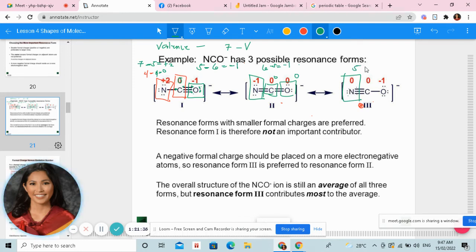So 5 minus 5, that is 0. Here, 4 minus 4, 0. Then 1, 2, 3, 4, 5, 6, 7. So 7 minus 6, that is negative 1. Okay, can you follow?